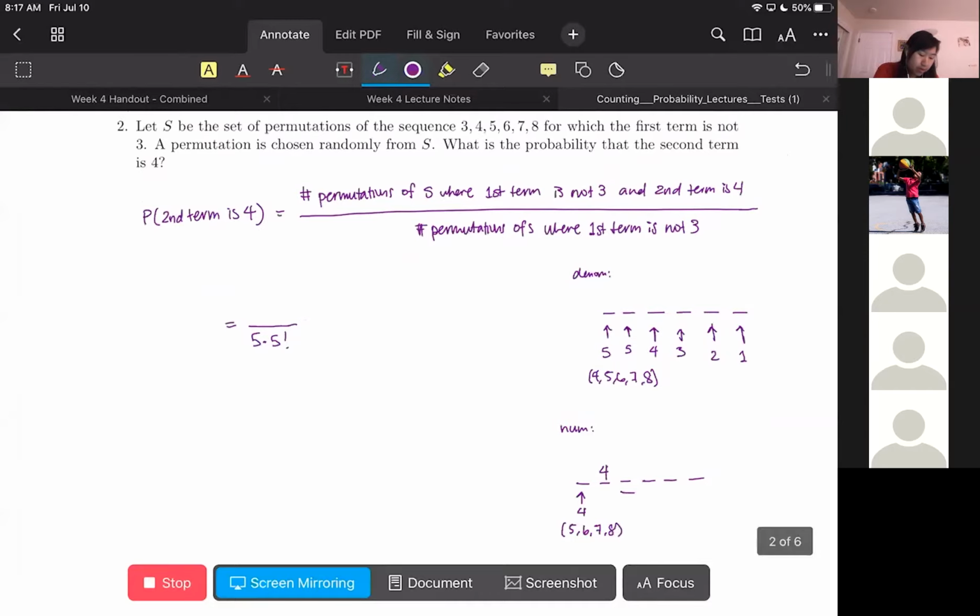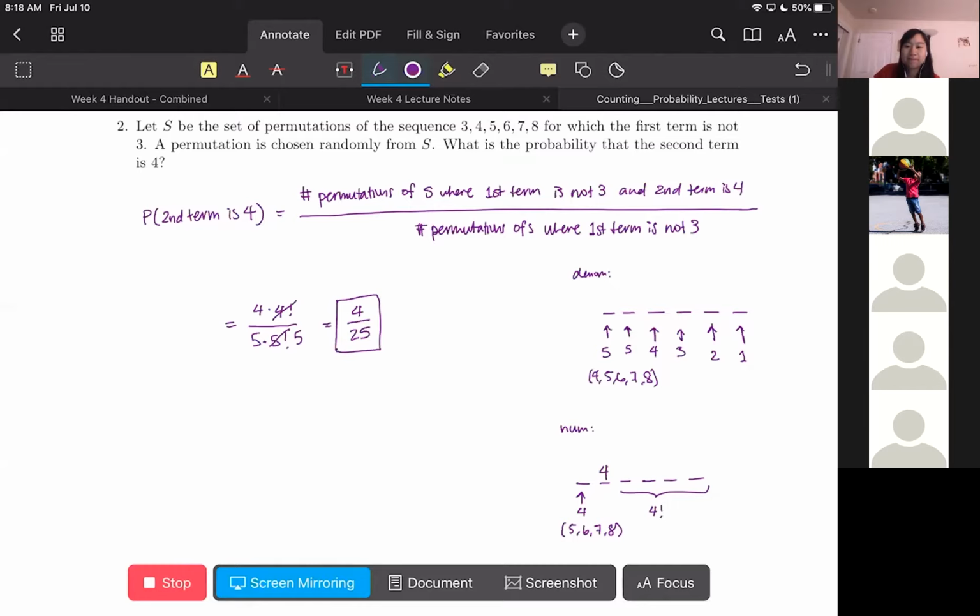And then we can permute the remaining 4 numbers, not the first number and not 4, but any of the other numbers in any order we choose. So that's going to be 4 factorial. So the numerator is going to be 4 times 4 factorial. And then if we simplify this, we get 4 over 25.